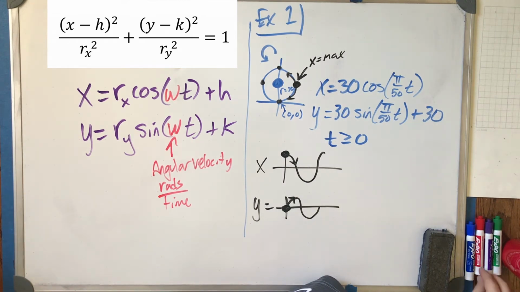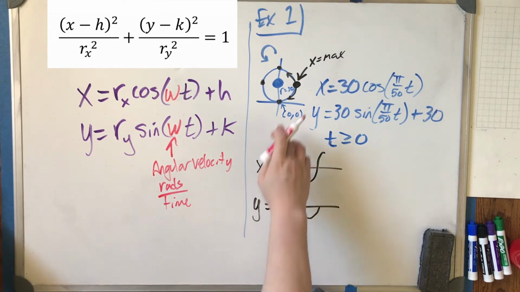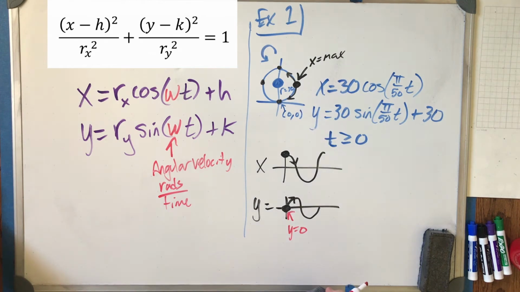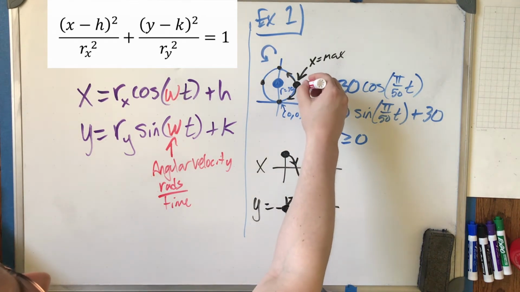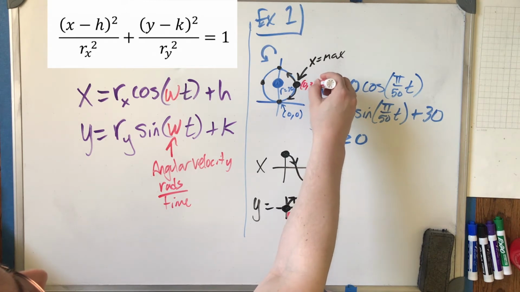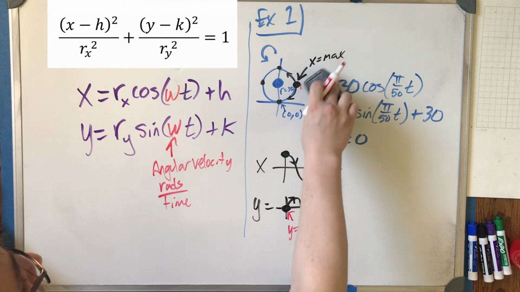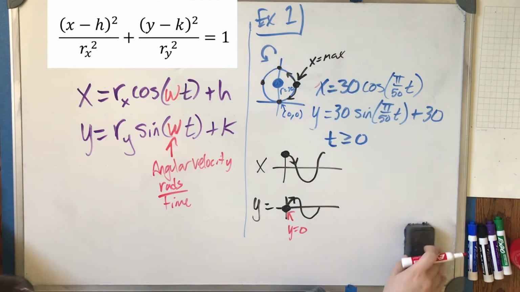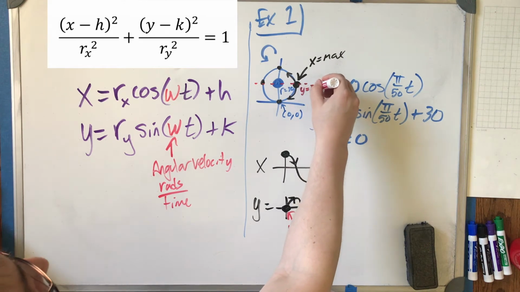Now, the next part's going to be a little bit trickier. Let's look at the y equation. Y is starting at 0. Is our y value starting at 0? Not exactly. If this is our start point, our y value is actually going to be 30, and it's not 0, 30. Sorry, it's 30, 30. Our y value when we're right here is equal to 30.